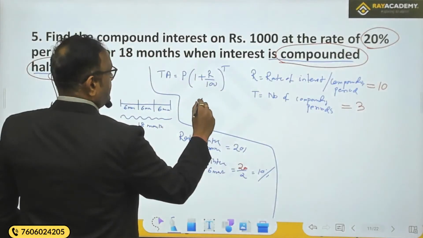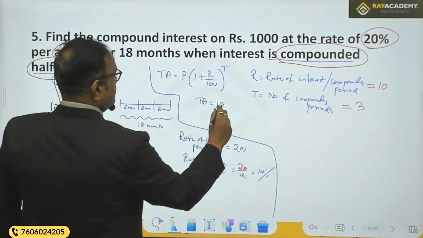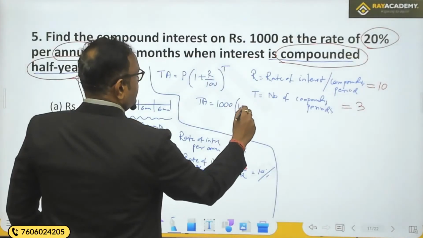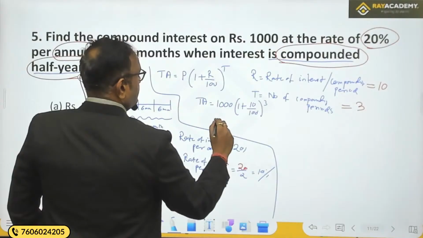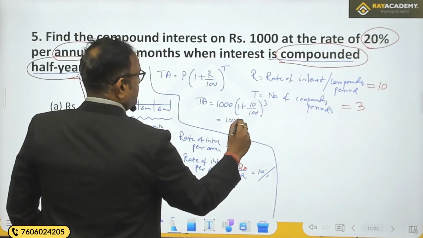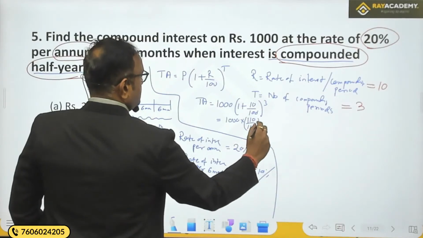Total amount will be, principal given 1000 into 1 plus 10 by 100 cube. So 1000 into 110 by 100 cube.